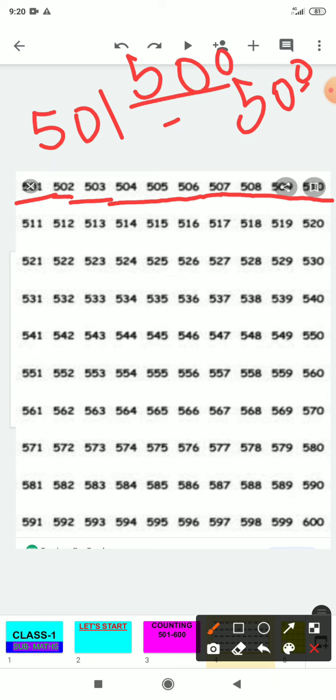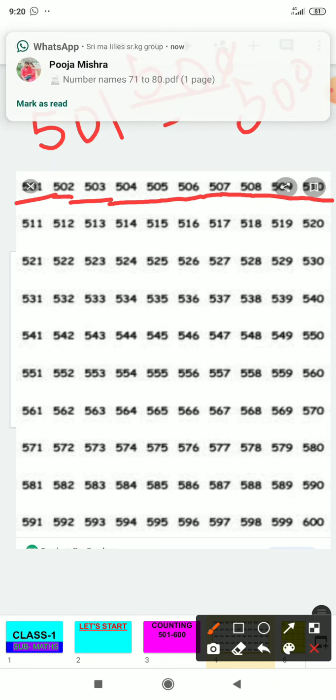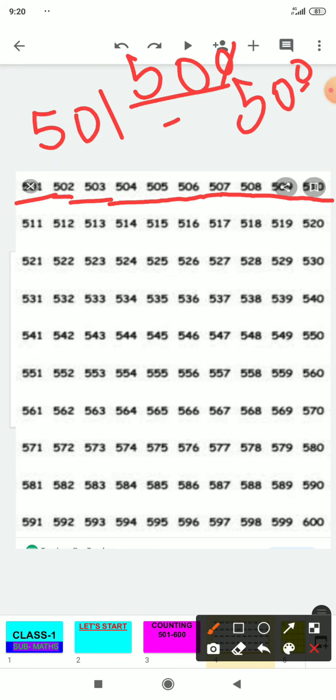So whenever we start the counting after 500, we just change 1 in the place of 0, and then your counting is from 1 to 99, and you have to put the numbers according to the sequence. But the most important thing is you should know how to read the numbers.